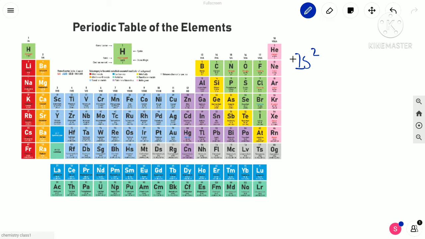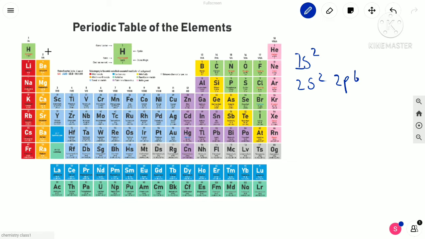Second is 2s2, which denotes lithium and beryllium. So in the second energy level you can hold two electrons, and 2p6. So in the second energy level you can also hold six p electrons.